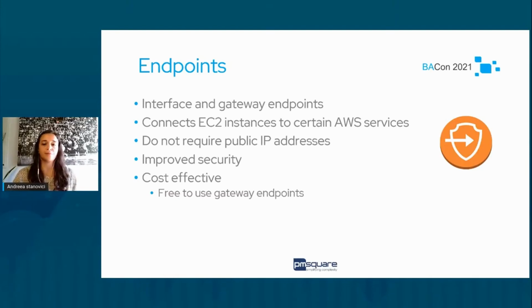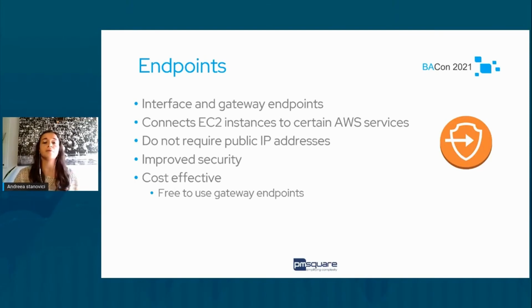This is also very important because it allows for this communication to happen without imposing availability risks or bandwidth constraints on your network traffic, which again leads to improved security. And it is free to use. Gateway endpoints and interface endpoints are also very, very cost effective and cheap.